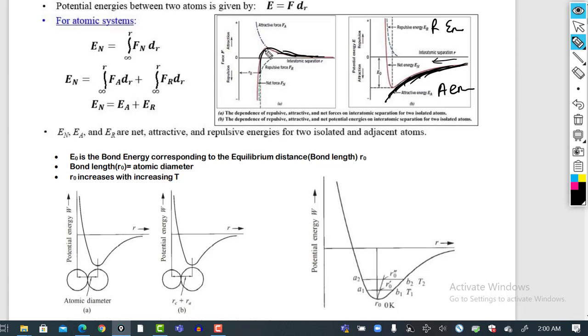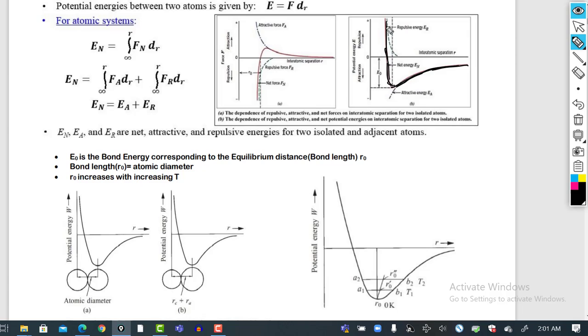Now at a smaller r, the repulsive force is going to dominate. So at a distance very near to the equilibrium distance, the repulsive energy is also going to dominate here. The attractive energy comes from the attractive force, and the repulsive energy comes from the repulsive force.